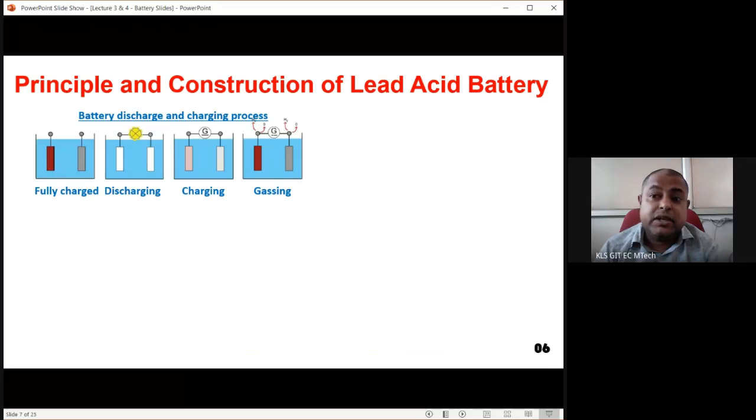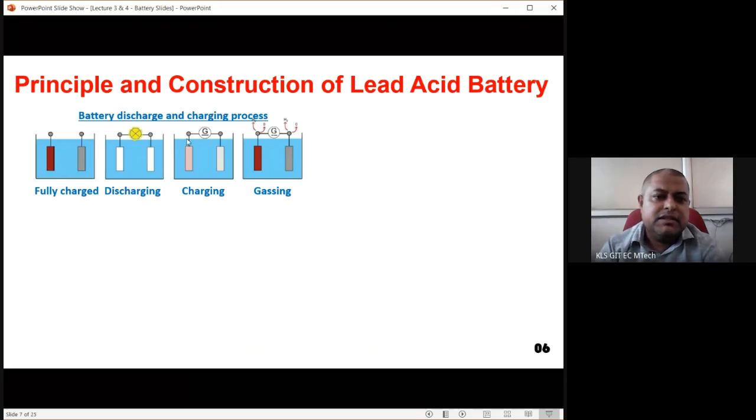With gassing, a huge amount of gas is produced, hydrogen, oxygen and so on, and they create a lot of unnecessary pressure inside the battery. That's why they used to keep some opening in the previous type of battery, not the sealed type. Previously, in the unsealed type, there used to be some kind of pressure release. But nowadays they are all sealed, so we make it a point that gassing is not too much.